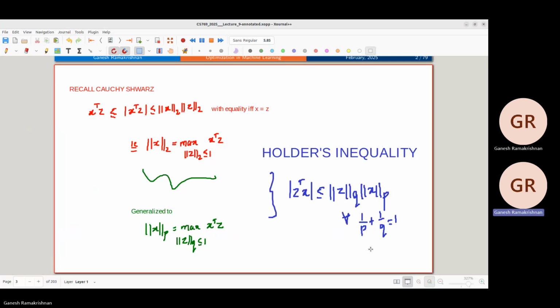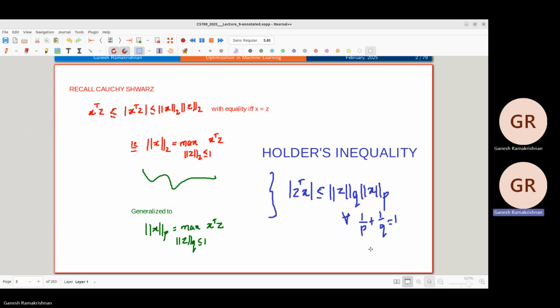But what was first principles? That's as the max of s transpose x, with s as an n-dimensional vector of minus ones and plus ones. This is what we had done, so we derived the subdifferential.